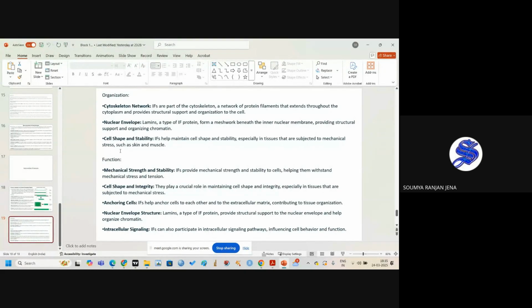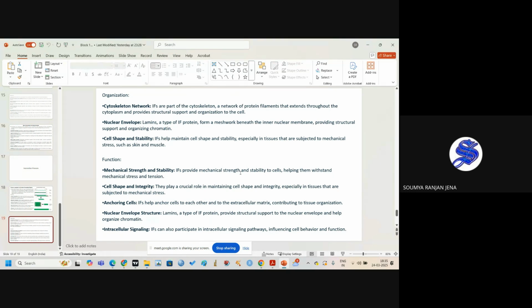Mechanical stress such as in skin and muscle. Most of the time our skin and muscles are under mechanical stress, so intermediate filaments help to maintain the structure of skin and muscle.